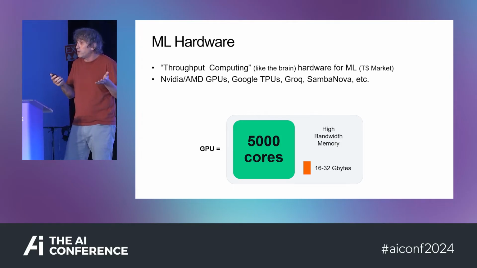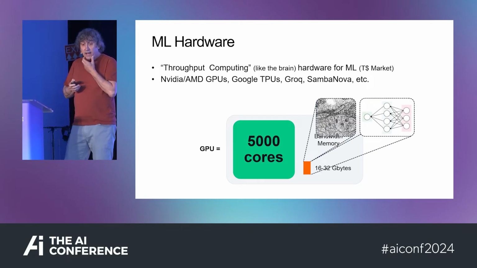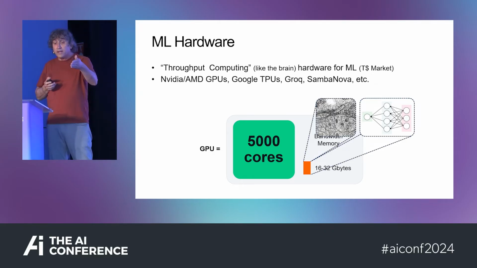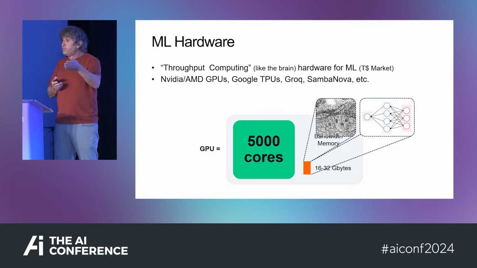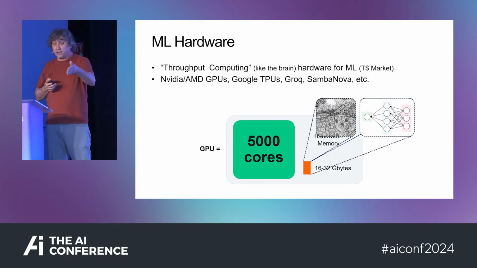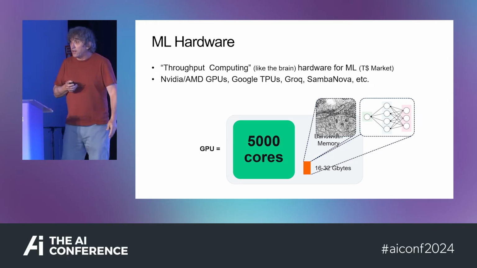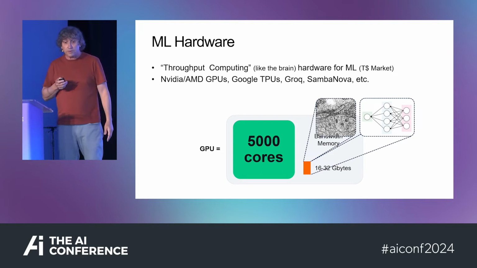And so what is the structure? We have these thousands of cores connected to high bandwidth memory, and we put the image, the input, and the network into the high bandwidth memory, and we compute.